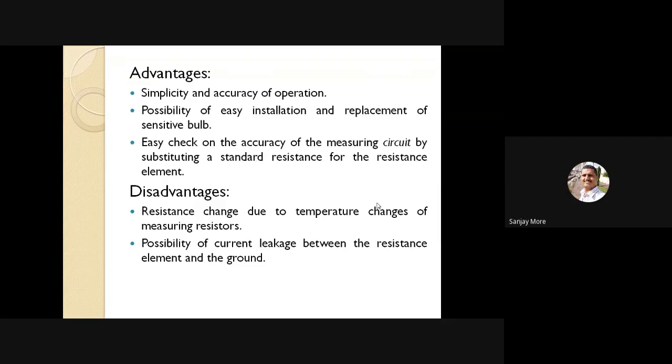Full stop. Second, possibility of current leakage between the resistance element and the ground. Full stop.